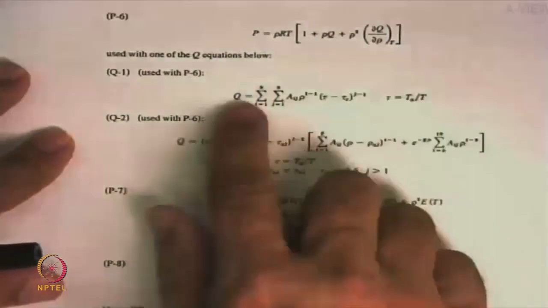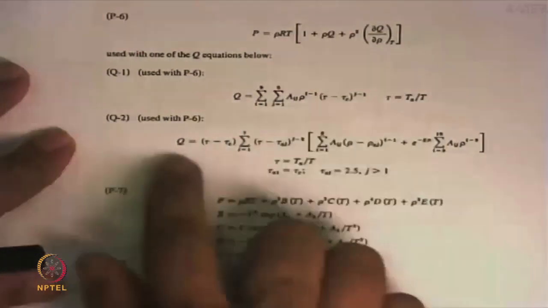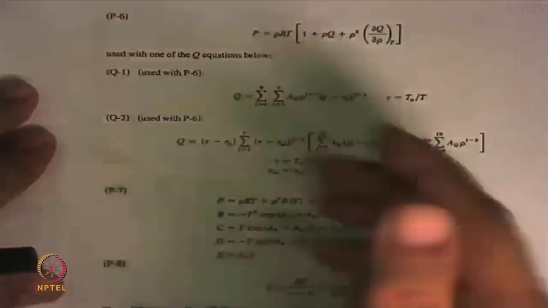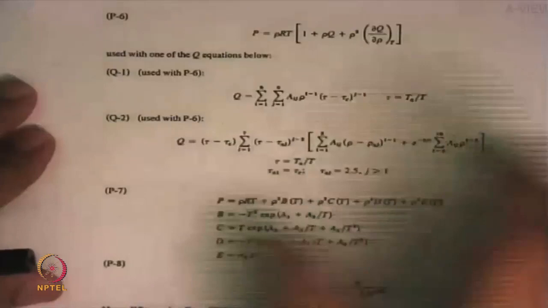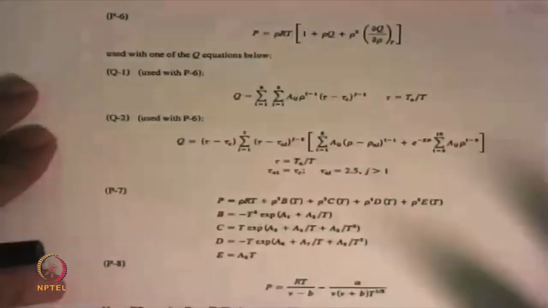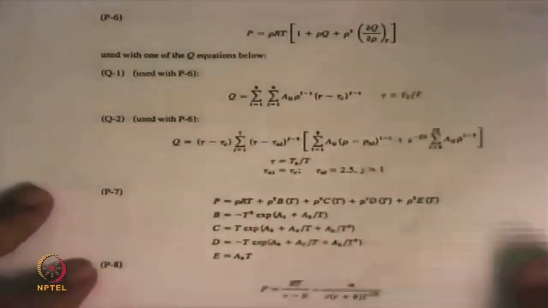Q is a partition function which is given by this, which has got so many constants in it, or by this. This is the one used for water. So you get this big long equation which has got lots of constants which are given separately, and from there we can put it into this equation, differentiate it as much as we want, and compute any properties that we want. So we can make our own program and say that, look, I can do this.